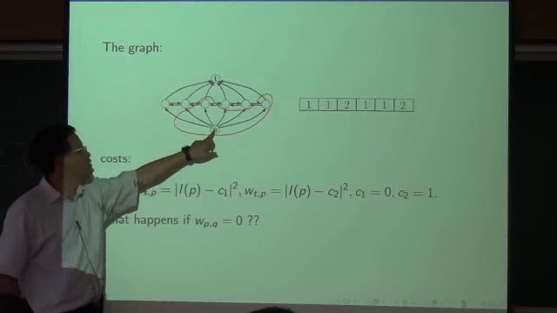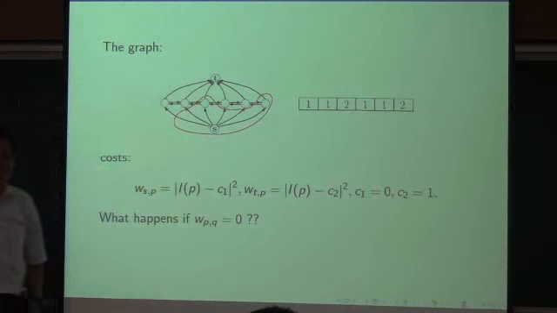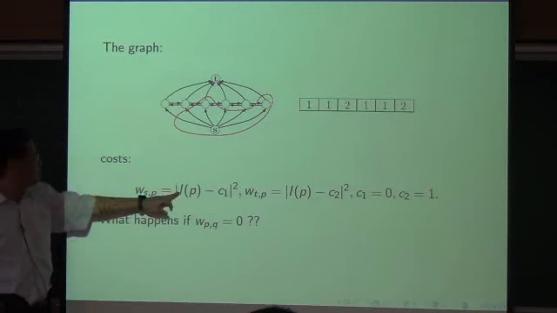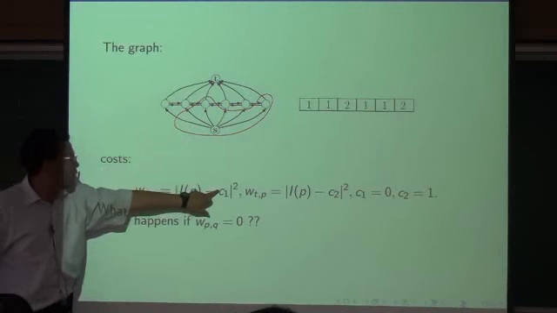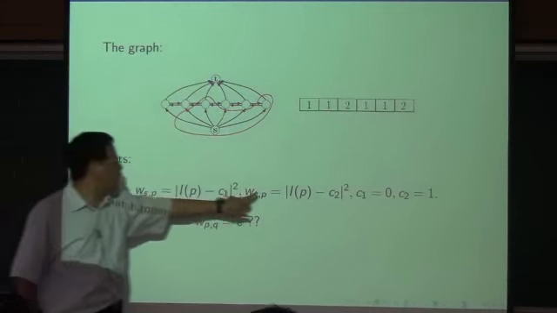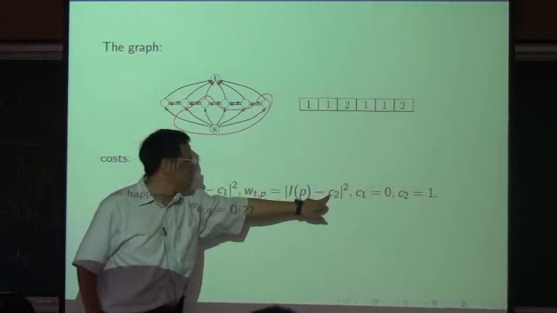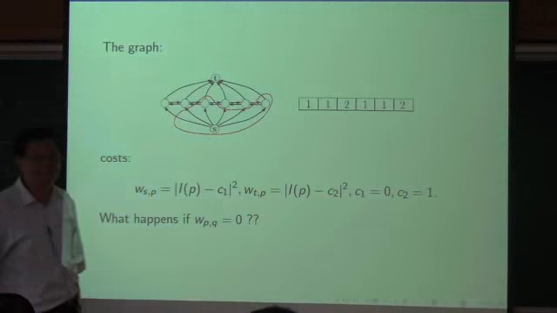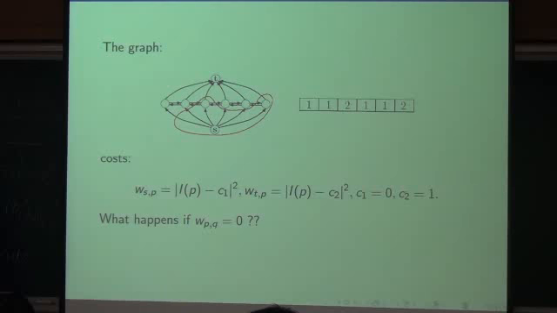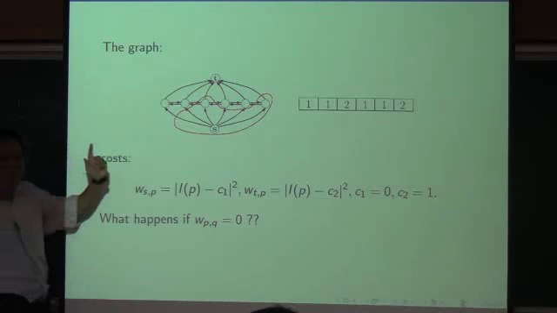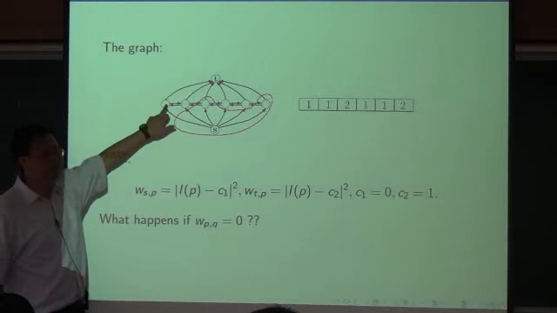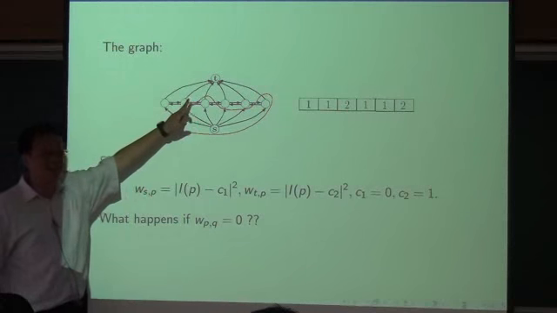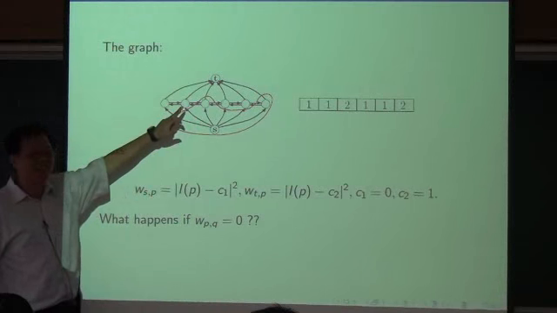You try to push the maximum amount of flow from here to there. The cost is given by the distance to C1 squared, and the cost in the upper is the distance to C2. C1, C2 are known. You can only cut one, you cannot cut two, because everyone must connect to here. That's called the cut.